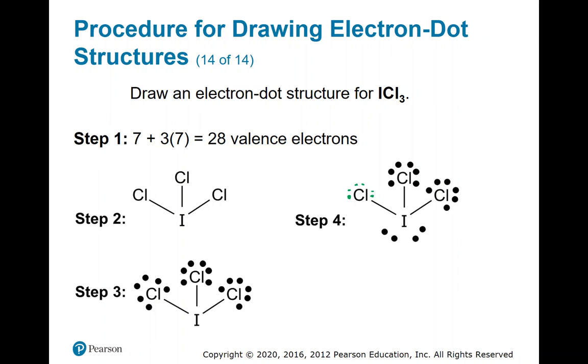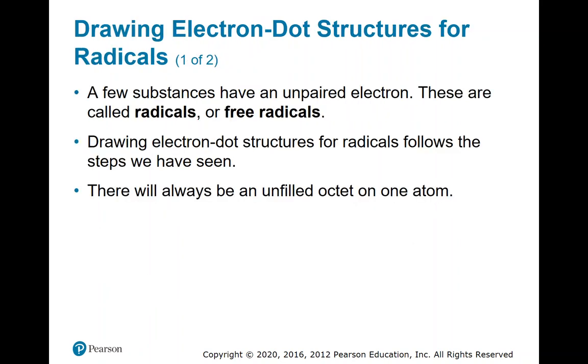Iodine's pretty low in the periodic table, so that's not an inconceivable situation for that. But it definitely means that we don't need to form any more bonds to our central iodine atom. And so what we have after step 4, assuming that all 3 of our chlorines still have their lone pairs, is the correct structure for that molecule.